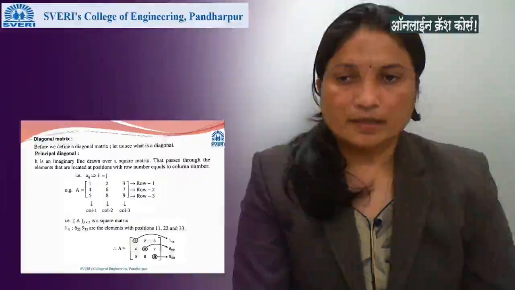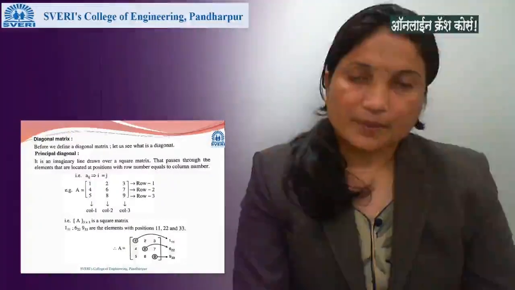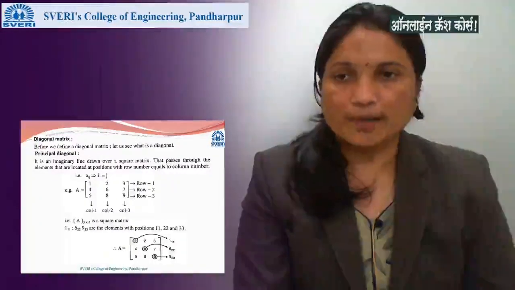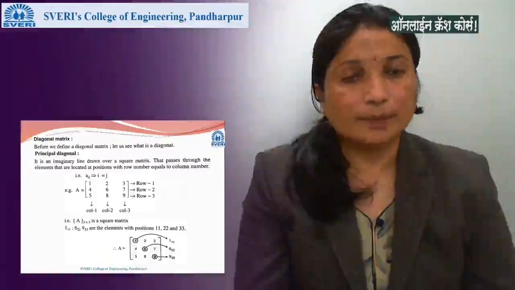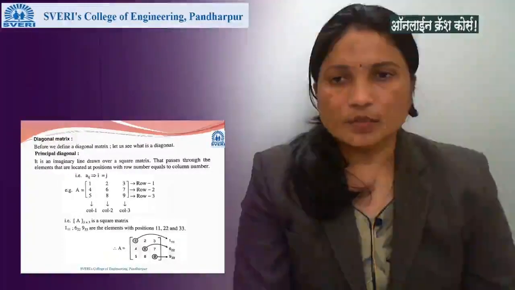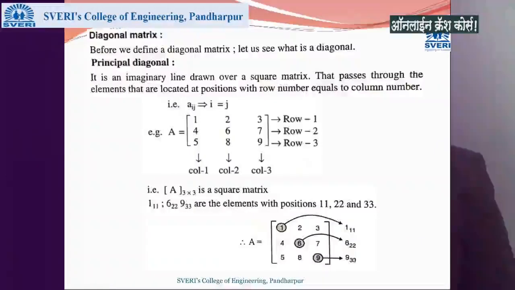Then diagonal matrix. Before knowing the diagonal matrix, we have to know about principal diagonal. Okay. So what is the principal diagonal or what is the principal diagonal element? Okay. When we are saying that the matrix having principal diagonal elements. So look at this.